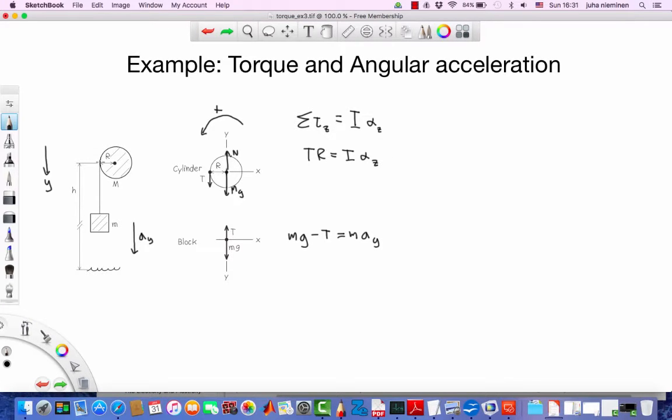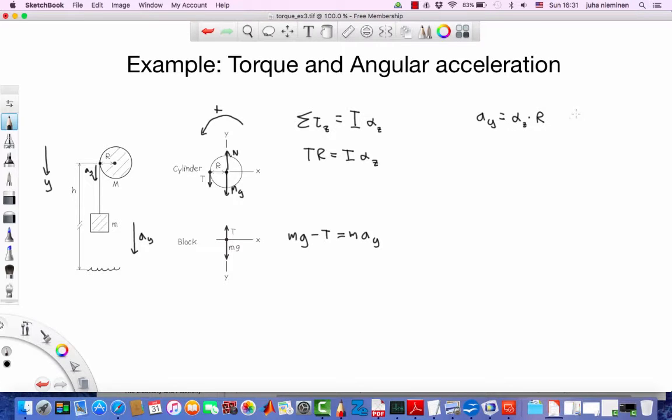However, the point of contact of the rope and the wheel has the same linear acceleration ay as the mass, because they are connected by this tight rope. So hence we can say that the linear acceleration is the same as the angular acceleration alpha C times the radius of the wheel.